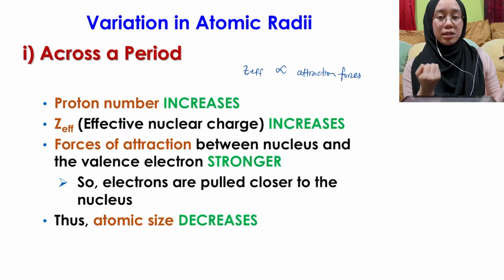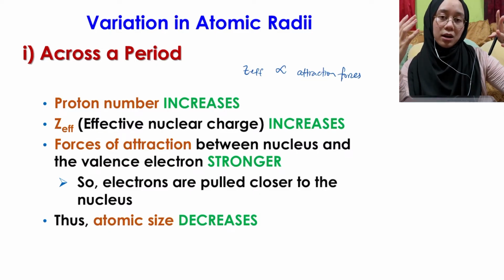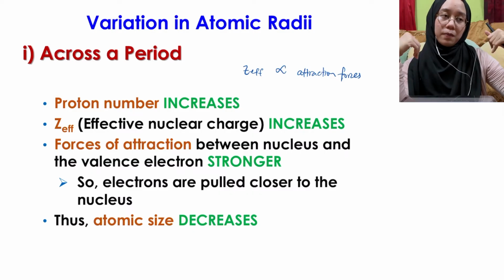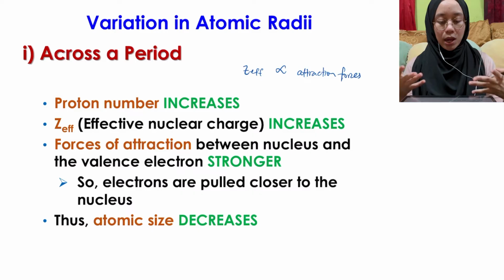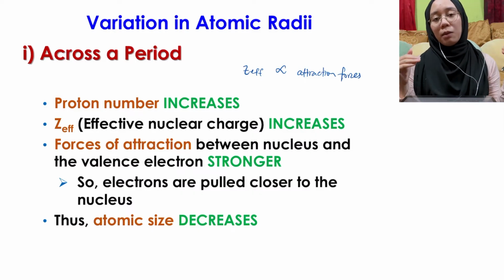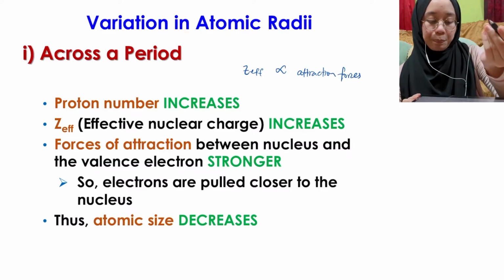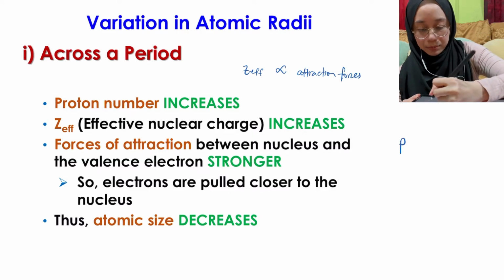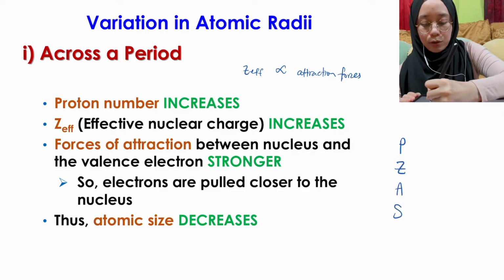Tak. Since dia dah lemah dah, that is why kalau ZEF dia rendah, therefore the size will become bigger. Okay, so the way kalau kita nak hafal ni, lebih kepada hafal point apa yang kita nak kena mention. So yang ni kita akan guna konsep PISAS. Okay, PISAS, where P is the proton number.